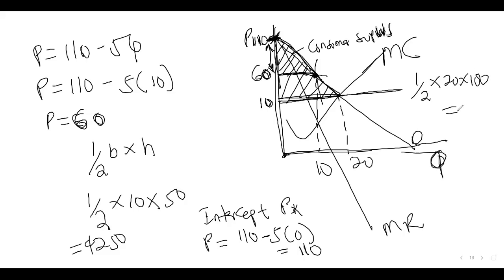So here we will have half of 20 times 100. So the consumer surplus will be 1,000. So assuming the firm was a perfect competitive firm, the consumer surplus will be this whole region, which will be 1,000.